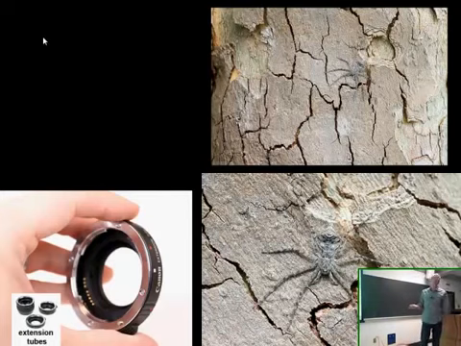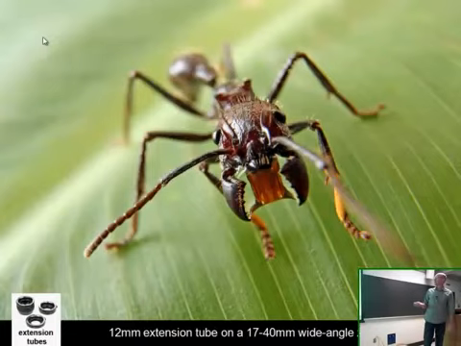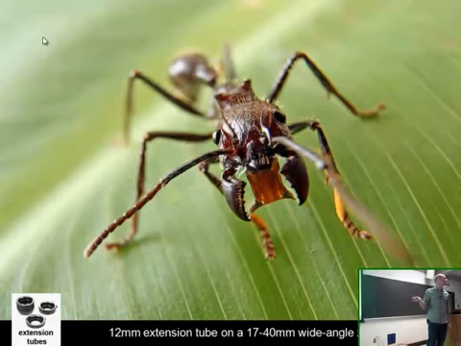Here's an example. This is a regular wide-angle lens I normally use to shoot, you know, the Grand Canyon or something. But I put this wide-angle lens on an extension tube, and suddenly I can really cozy up to this bullet ant and get a nice photo of it. Again, this is much less expensive than buying a dedicated macro lens.